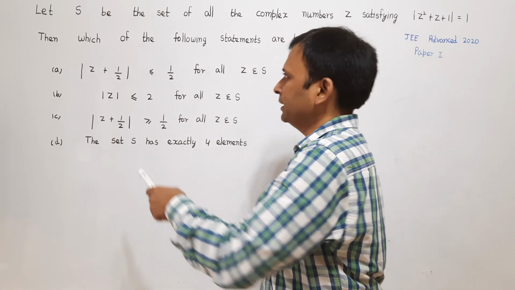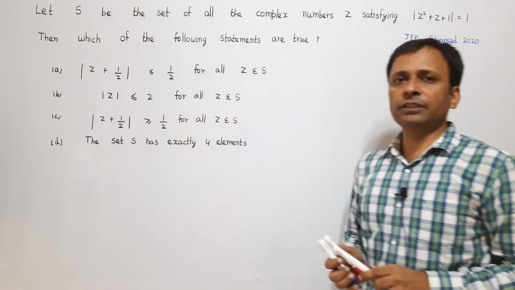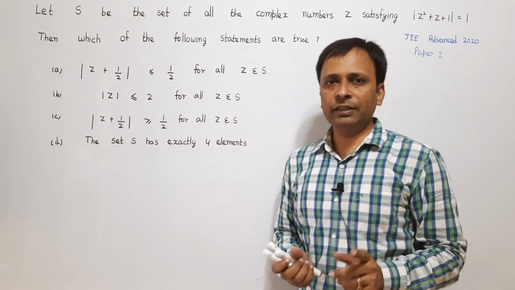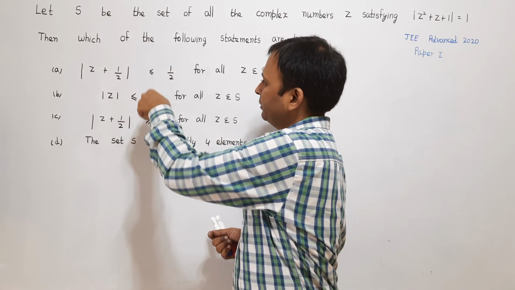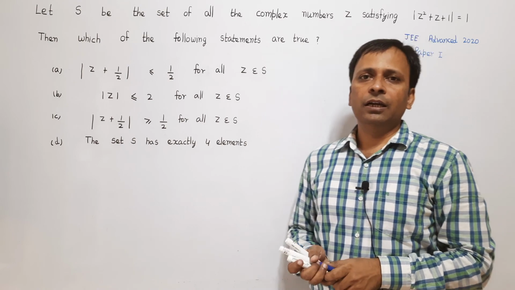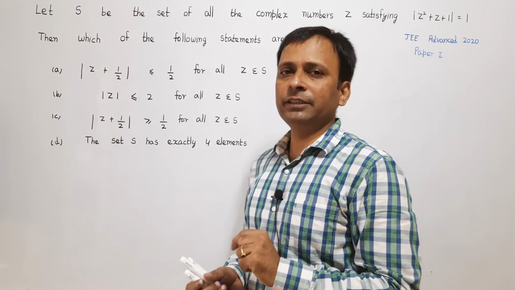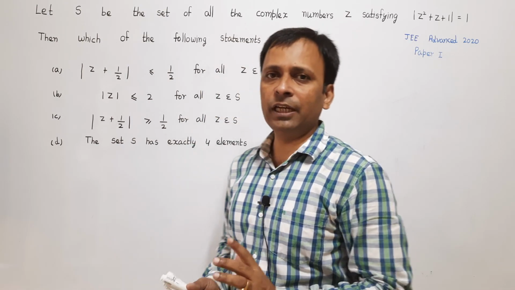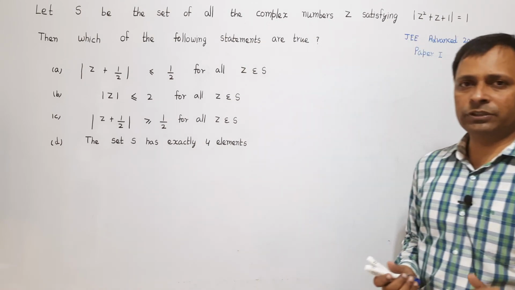Now here I see that there are inequalities in the first 3 options. So whenever I see such kind of inequalities in complex numbers, one thing which will strike my mind is the triangular inequality. It is a very helpful tool to handle this kind of questions easily.